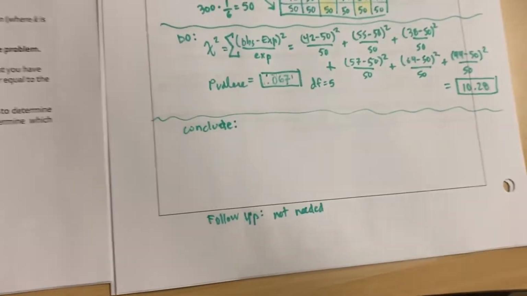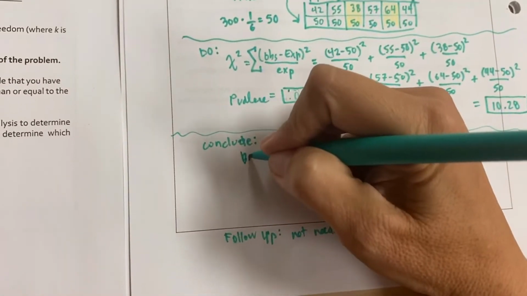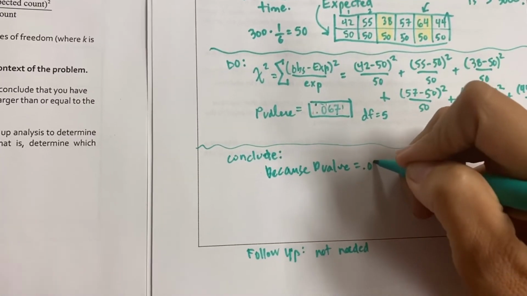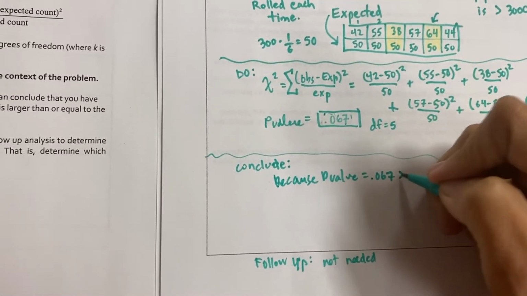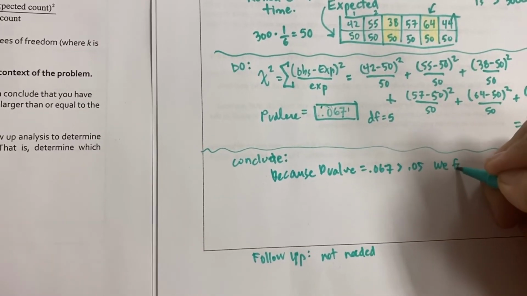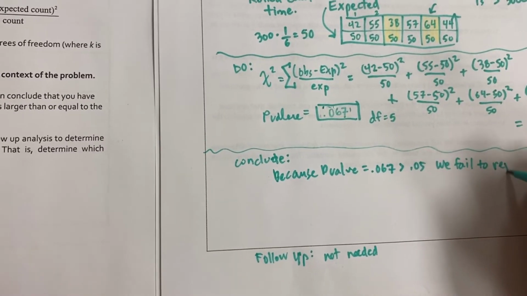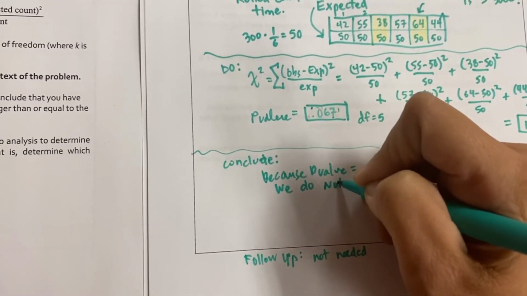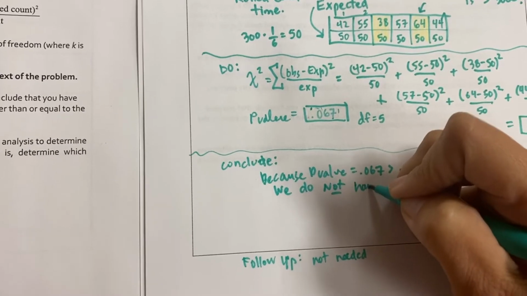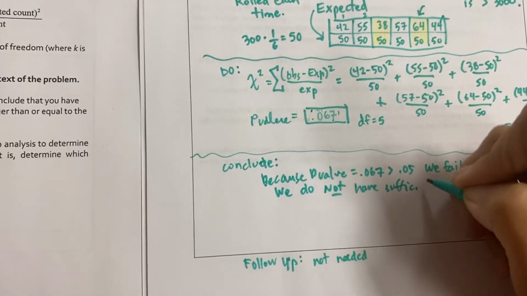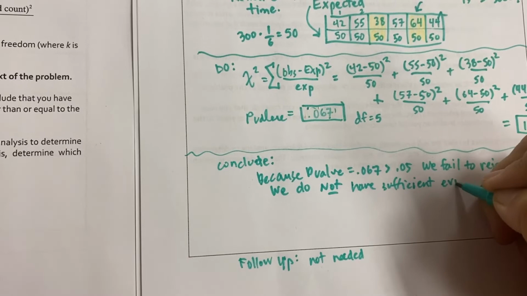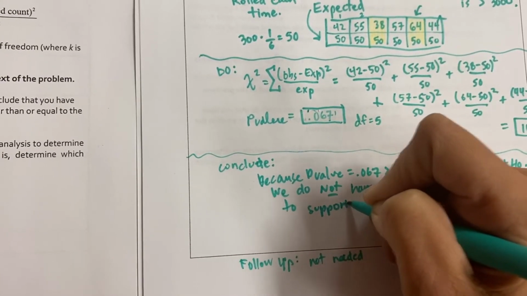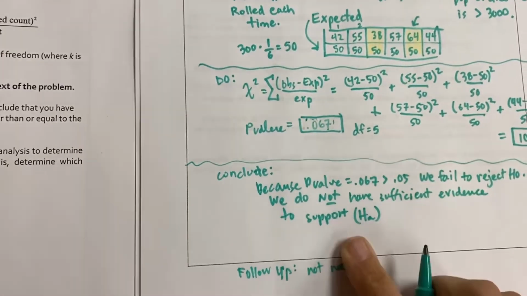So what can I conclude? All right, because my p-value of 0.067 is greater than 0.05, we failed to reject the null. We do not have sufficient evidence to support H sub A. What is H sub A?